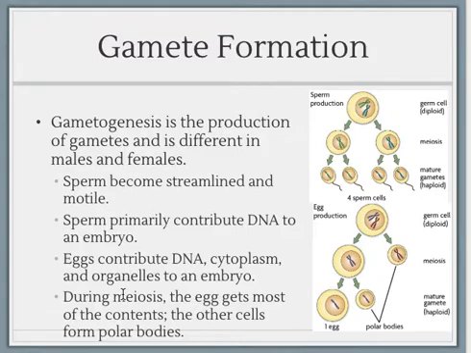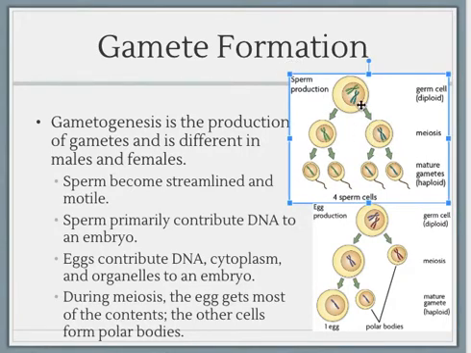And then during meiosis, the egg gets most of the contents, and the other cells form what are called polar bodies. Just take a look at this. Basically what we just talked about is sperm production. The whole thing we just went through with meiosis, the gametogenesis for sperm, looks essentially like the process we just went through.